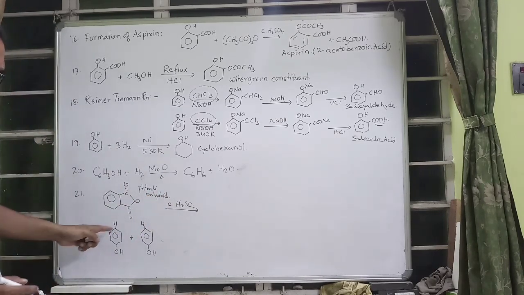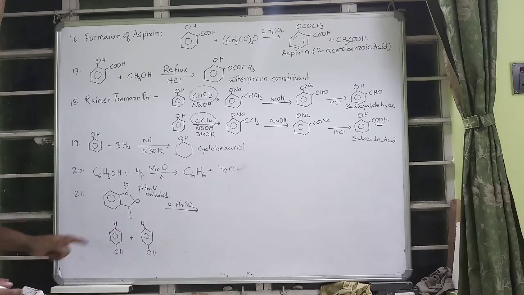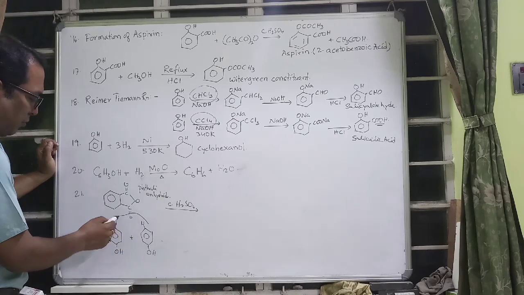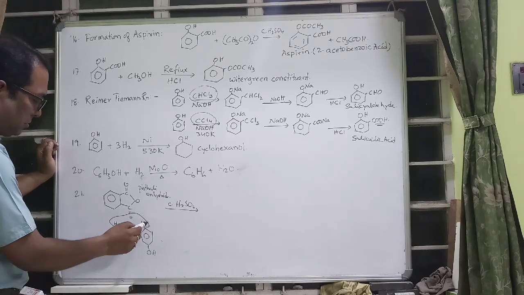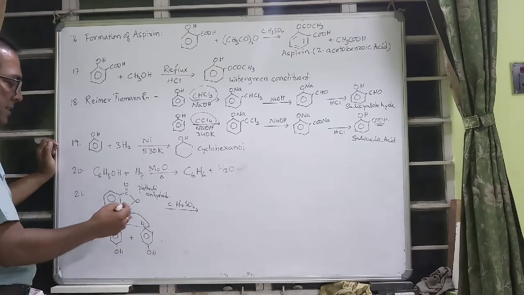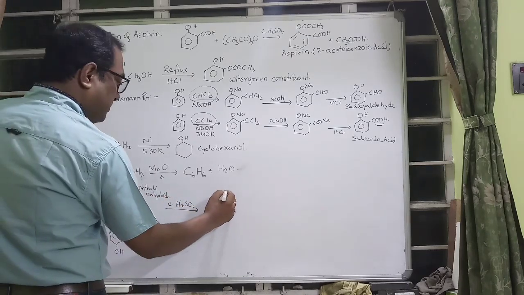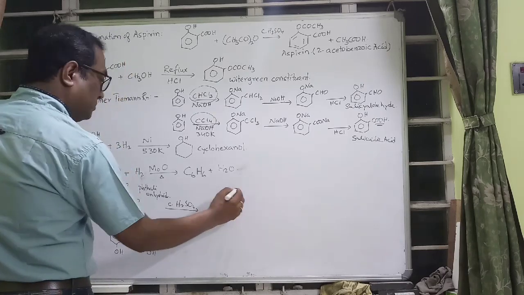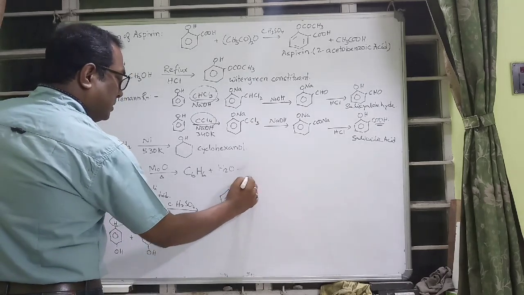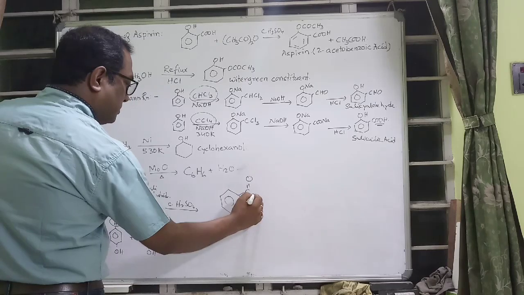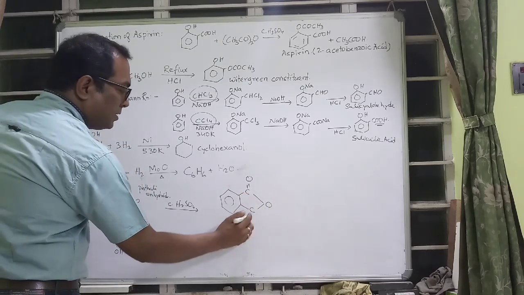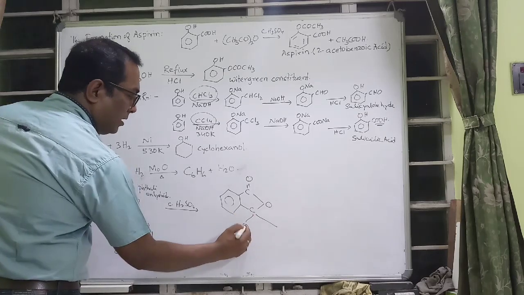When this phthalic anhydride is allowed to react with 2 moles of phenol, what happens? A molecule of water gets out, and you get a compound with the phthalic part joined with 2 phenol molecules.